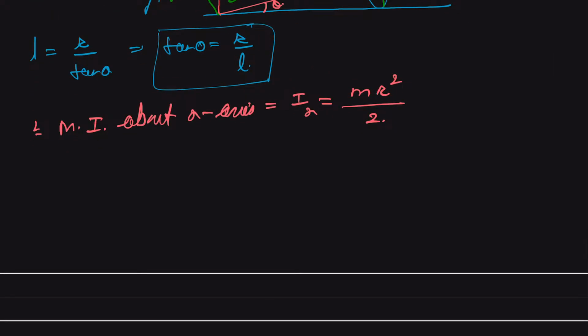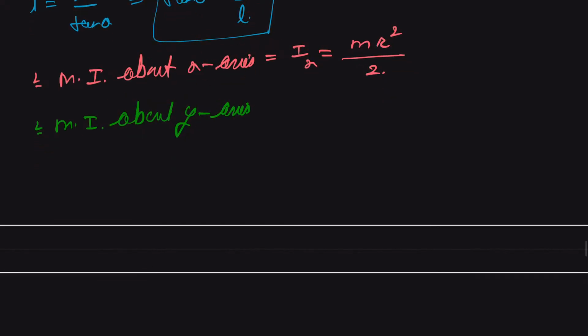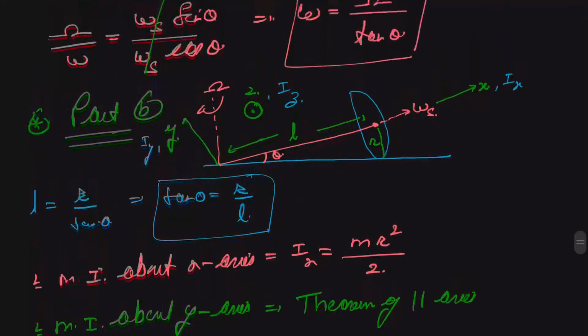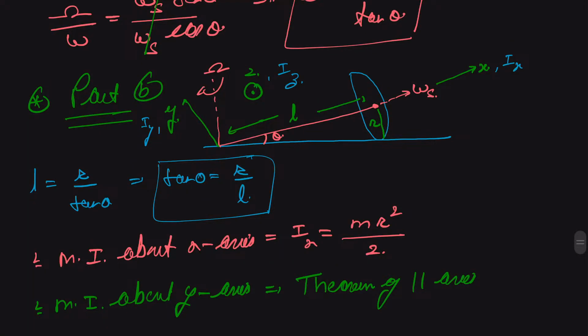And now we are going to find out the moment of inertia about the y-axis. In order to find this moment of inertia, we are going to use the theorem of parallel axis. For the theorem of parallel axis, we know the moment of inertia of this disk about its diameter, we already know this value, and we are required to find the moment of inertia about this y-axis. So both are parallel with each other.